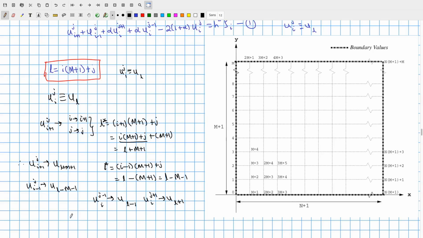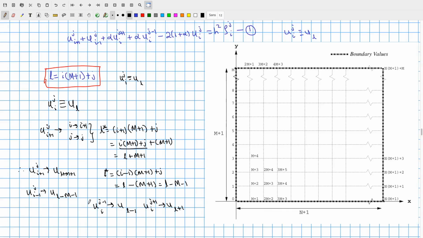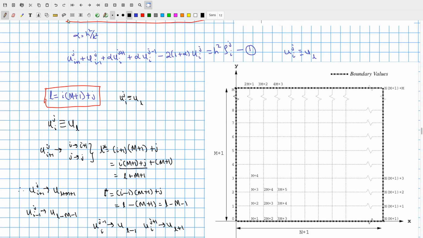Therefore, this finite difference equation that we constructed will transform, so let me make a copy of it.